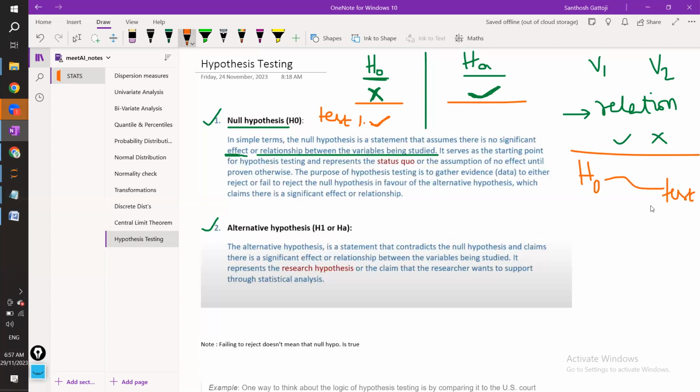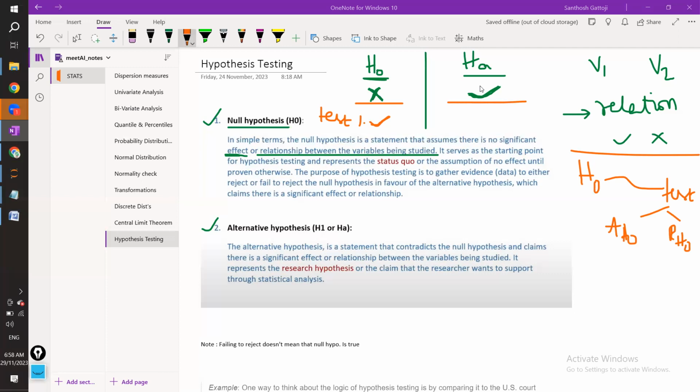The point here is we will try to either accept the null hypothesis or reject the null hypothesis, guys. So try to understand. We don't directly work on the alternate hypothesis most of the time, because if we work on the null hypothesis, indirectly we are already working on the alternate hypothesis.